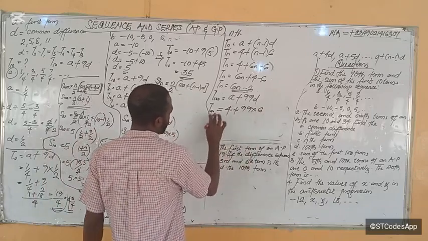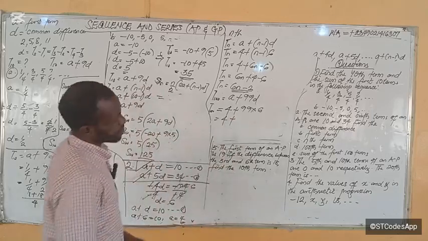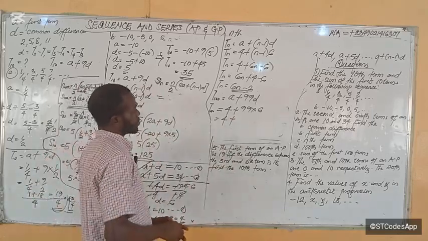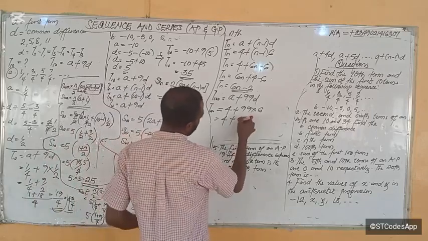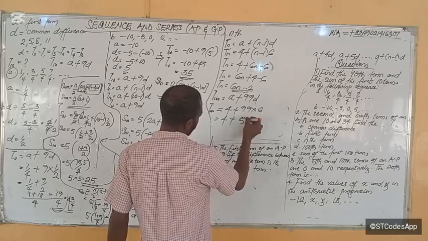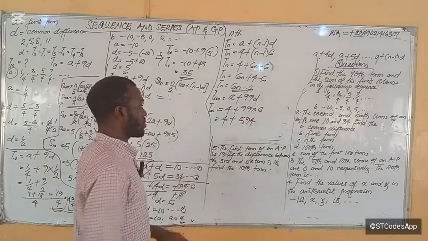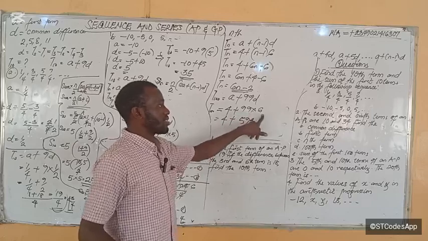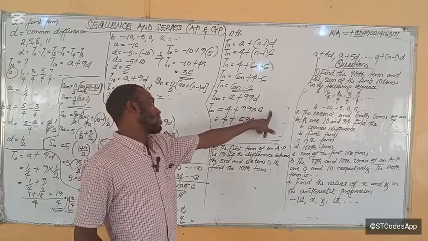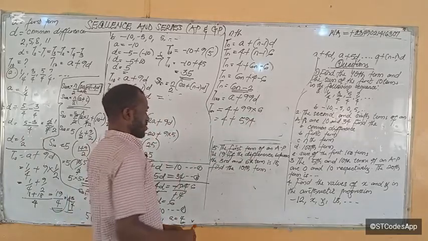That's going to give us 594, because 100 times 6 is 600 minus 6, so 594.